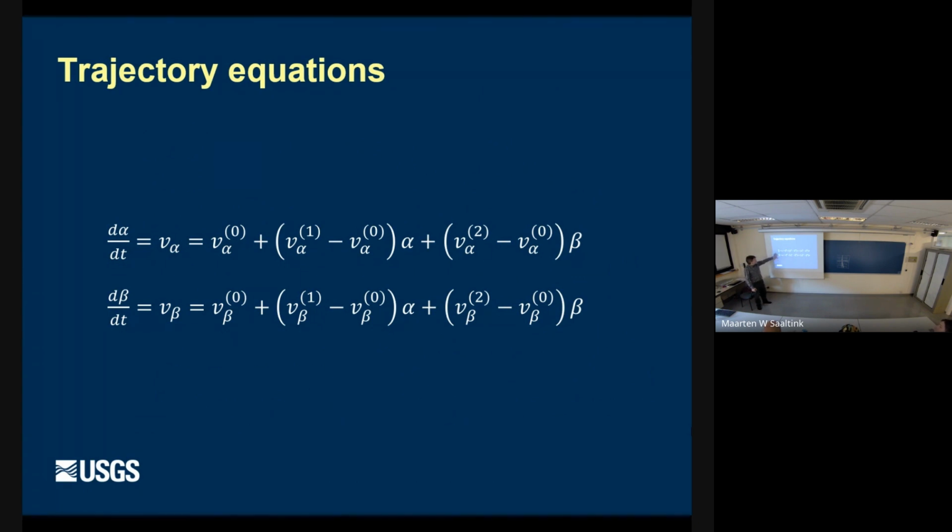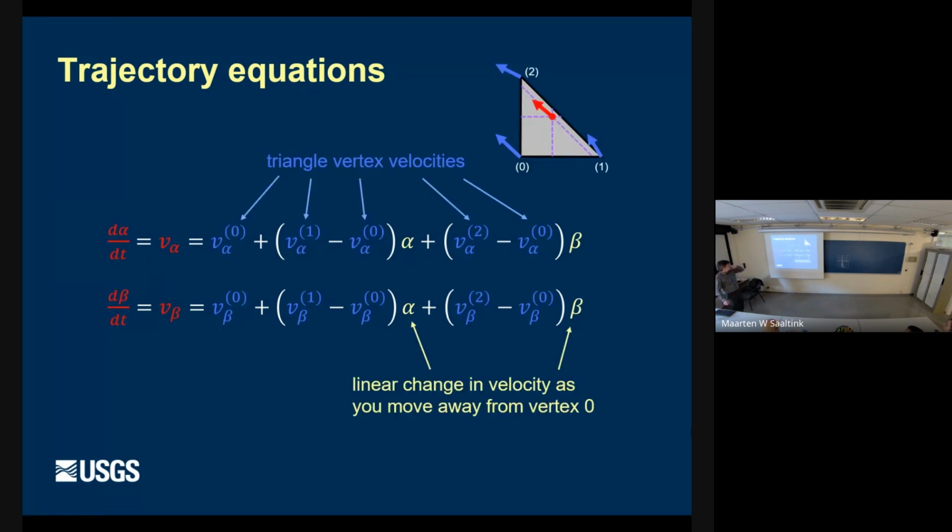And so I've just written the equations. This is the alpha velocity, this is the beta velocity, and it's a function of position, alpha and beta, within that triangle. Again, we've got triangle vertex velocities, and there's a linear change in velocity as you move away from vertex 0. Any way you go, it's a linear change.